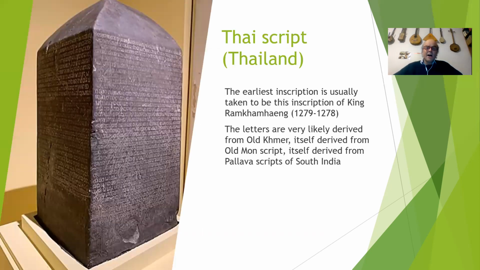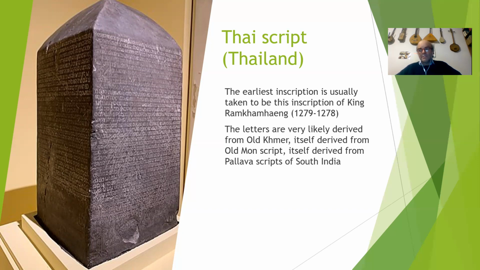So the Thai script is usually dated to the time of King Ramkhamhaeng, 1279. I think that should say to 1298, not 1278. He was certainly, that cannot be his dates, because that would be going backwards. So the shapes of the letters are certainly influenced by Old Khmer.